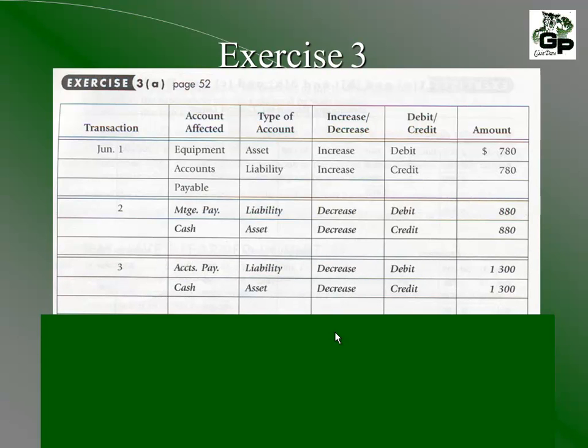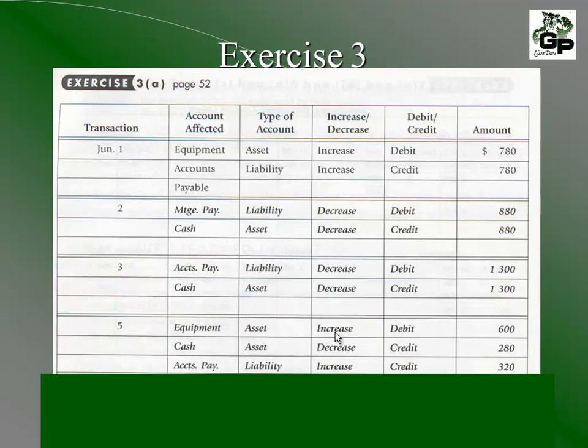On June the 3rd, the two accounts affected by this transaction are accounts payable and cash. Accounts payable is a liability account, cash is an asset account. The accounts payable account decreased and the cash account decreased. Liabilities decrease on the debit side, assets decrease on the credit side, and the amount of these decreases is $1,300.